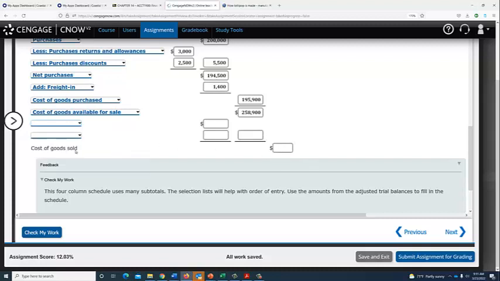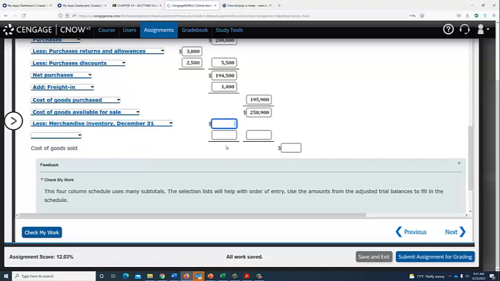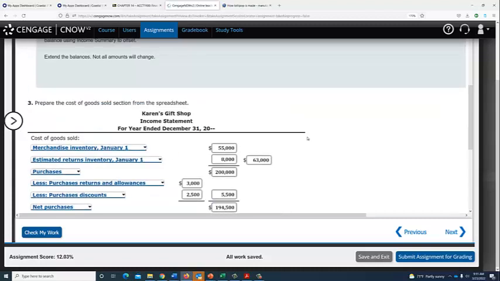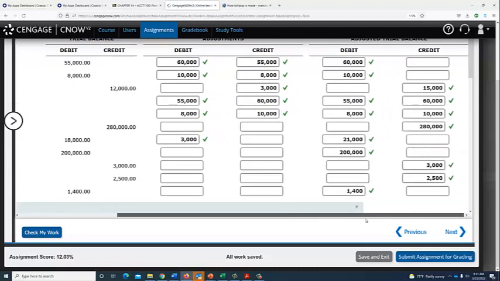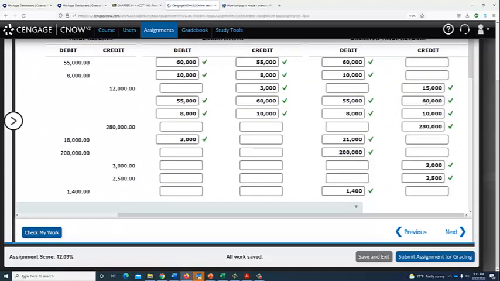So ending inventory for our merchandise, and just to run back up here, if we look at the income summary account, we know that that ending inventory is 60. At the beginning of the calculation, we entered the beginning inventory of 55, and our ending inventory now we're going to enter for regular inventory at 60, and then returns inventory at 10.